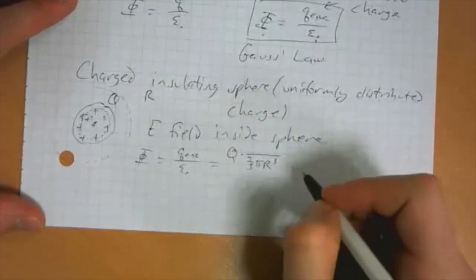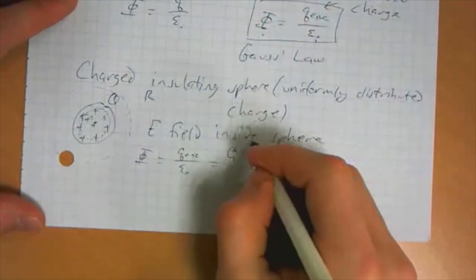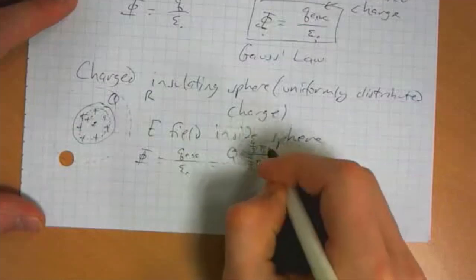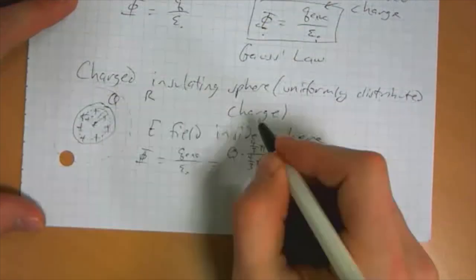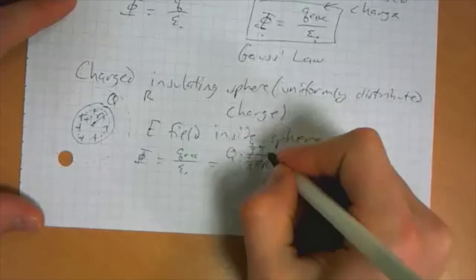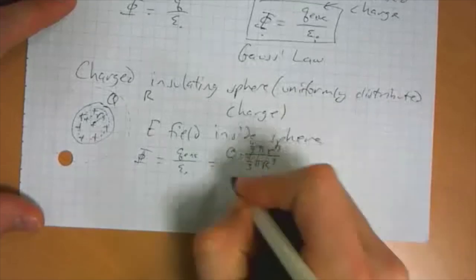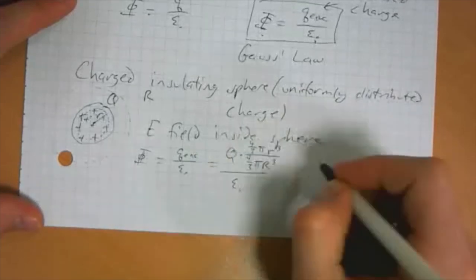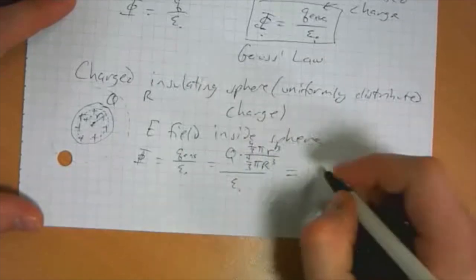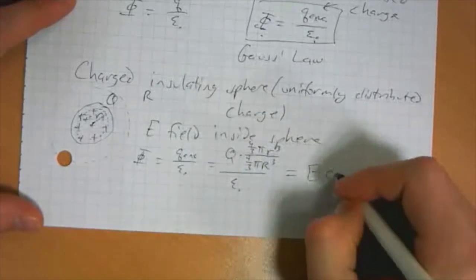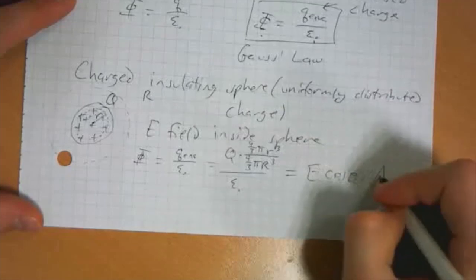The fraction that's inside is 4/3 pi times the radius of our Gaussian sphere, which we'll call little r cubed, over epsilon naught. And we know this is equal to our electric field times cosine theta times our area.